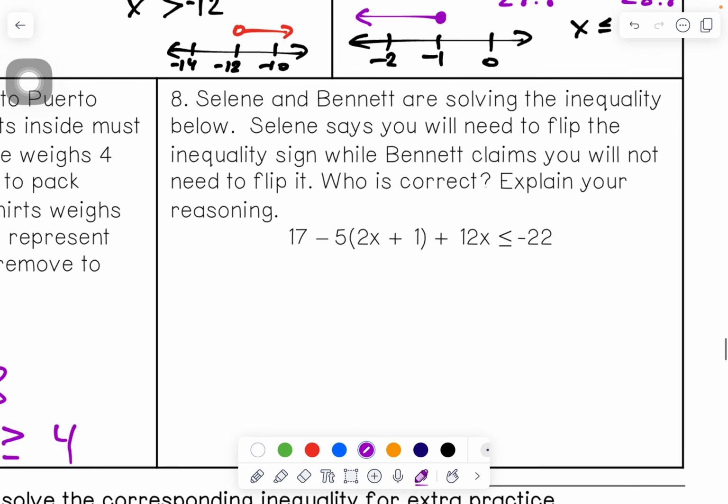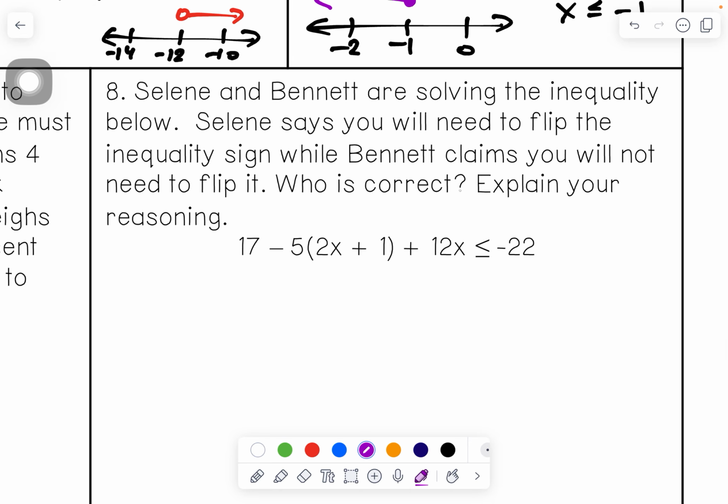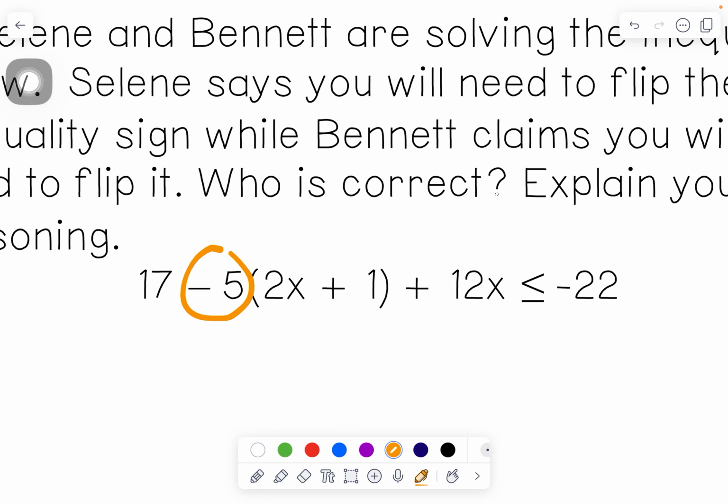All right. Celine and Bennett are solving the inequality below. Celine says you need to flip the inequality sign, while Bennett claims you will not. Who is correct? If we distribute this -5 to the -2, we're going to end up with a -10x. I can already see that there is a negative with the x.